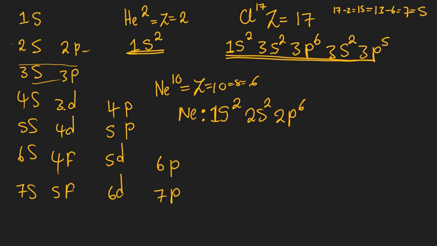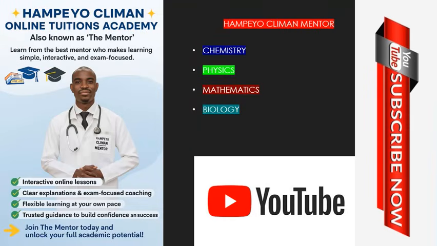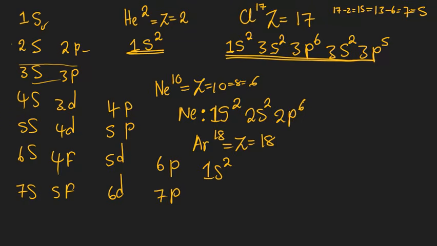Okay, then let's write for argon, we see. We write for argon for the sake of learning. Z for argon is going to be 18. So we write 1s, which is holding 2. So 18 minus 2, we're going to remain with 16. Then we go in the second row, it's going to be 2s to the power 2.